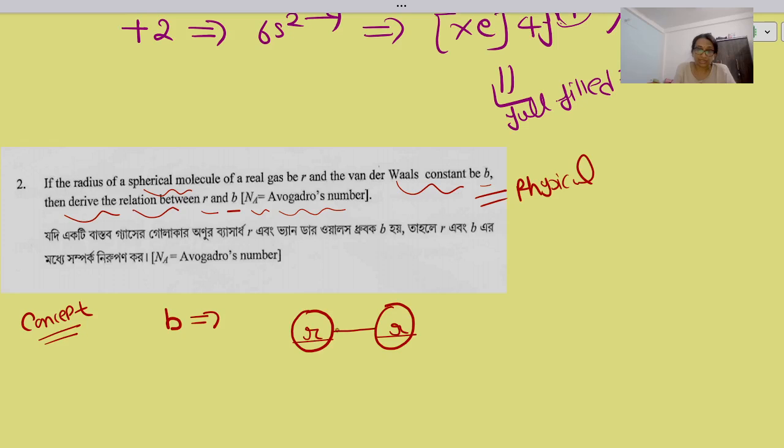Here, the spherical molecule of a real gas has radius r. Now start the derivation step by step.